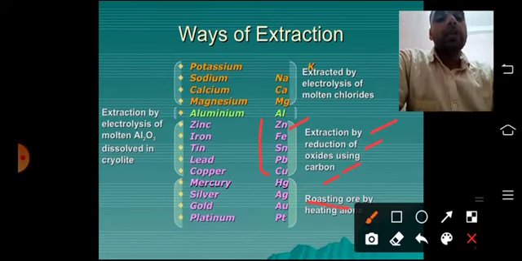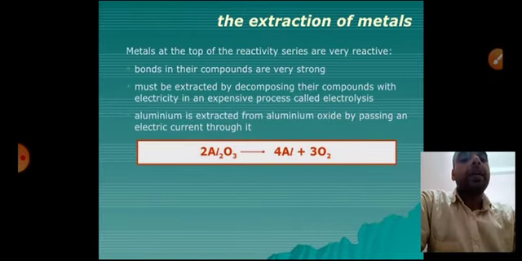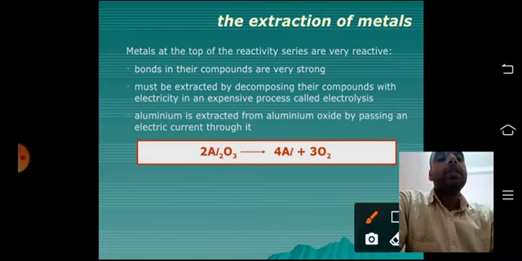Okay, now you can see here, extraction by electrolysis of molten Al2O3 dissolved in cryolite. Here you can see the metals at the top of the reactivity series are very reactive. Those which lie at the top of the reactivity series are very reactive, so the bonds in their compounds are very strong, and to break them you use the electrolysis process.